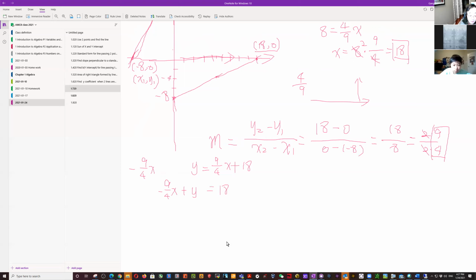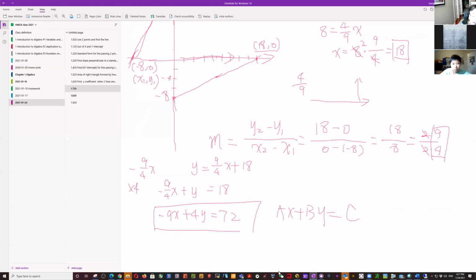And then I'm going to multiply 4 on both sides, because I don't like this to be a fraction. Multiplying by 4 gives negative 9x plus 4y equals 72. So this is in the form of ax plus by equals c.